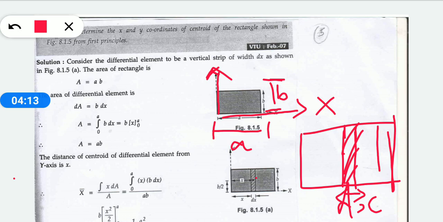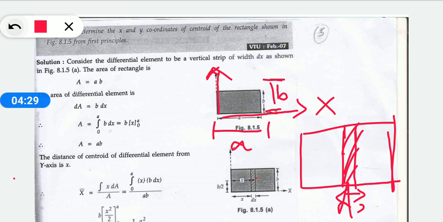So this distance will be b and this distance will be dx. That is part of the x-axis. And the centroid will lie at the center. So what is the center height? It will be b divided by 2.